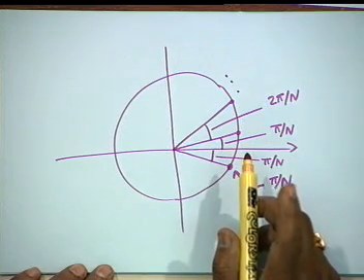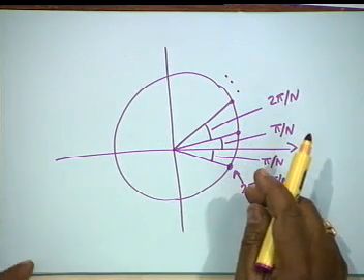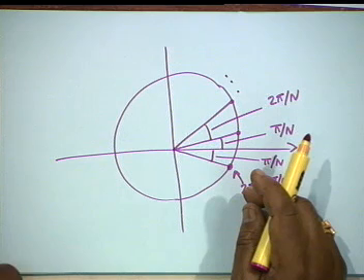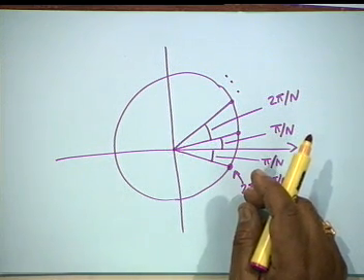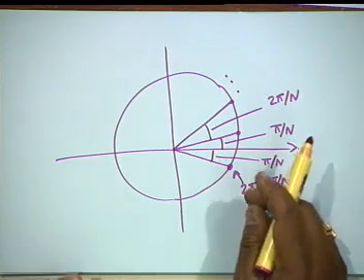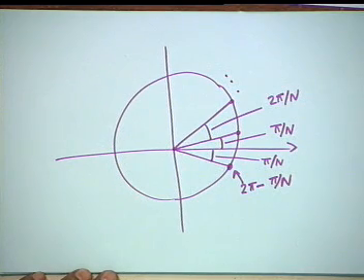Agreed? In the previous scheme, capital H of 0, because k equal to 0, e to the power j 0 is 1, therefore capital H of 0 was required to be real. It had no matching term. But here we can match every term except when capital N is odd.